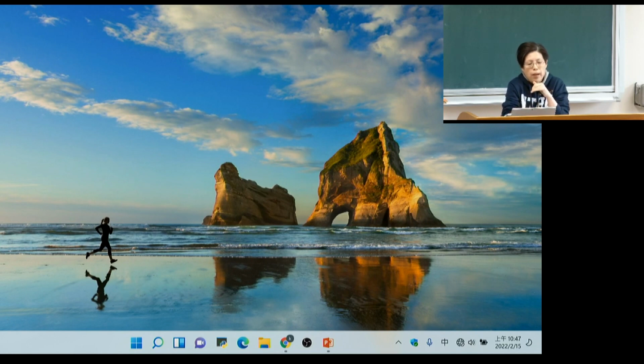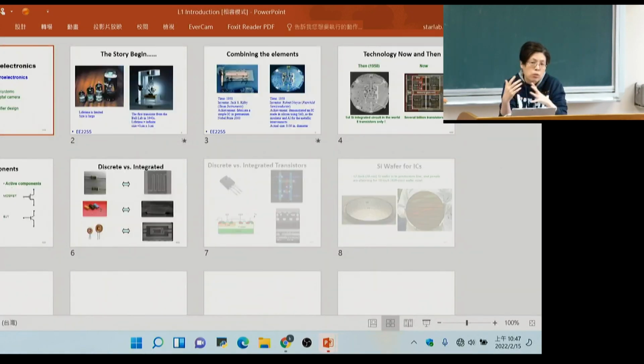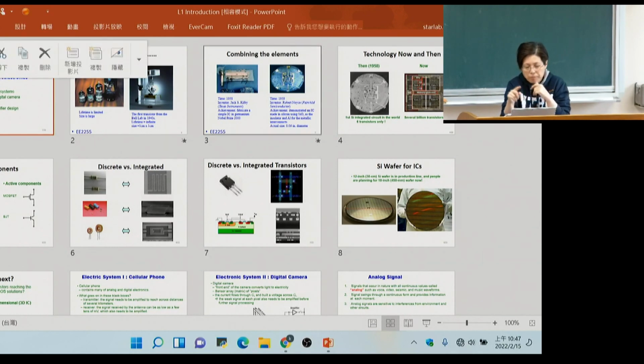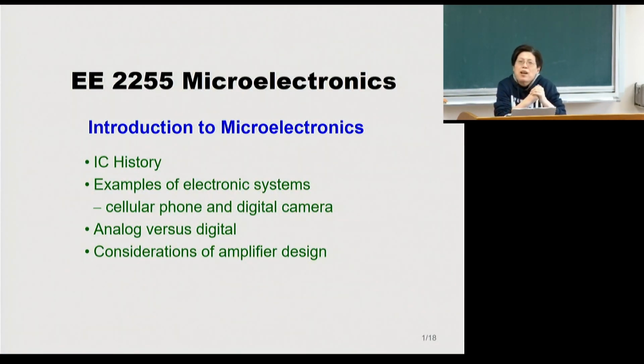As I said, there are some key technology elements that affect how one studies or makes integrated circuits. When I was in college, we used a textbook which mainly focused on discrete devices. We talked about discrete circuits.